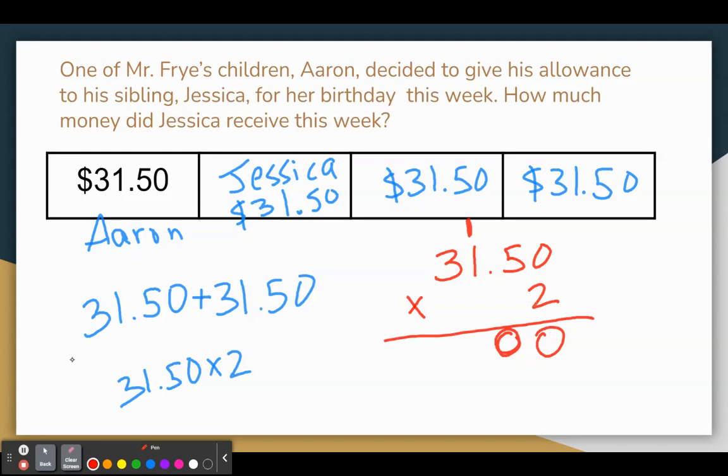So now I have 1 times 2, which is 2, but then I have to add that 1. So we have 3 ones. Now I have 3 times 2, which is 6. And then I have 2 decimal places right here. So I'm going to go ahead and put down my decimal point right there. So Jessica got $63 this week. I'm going to go ahead and put a box around that.